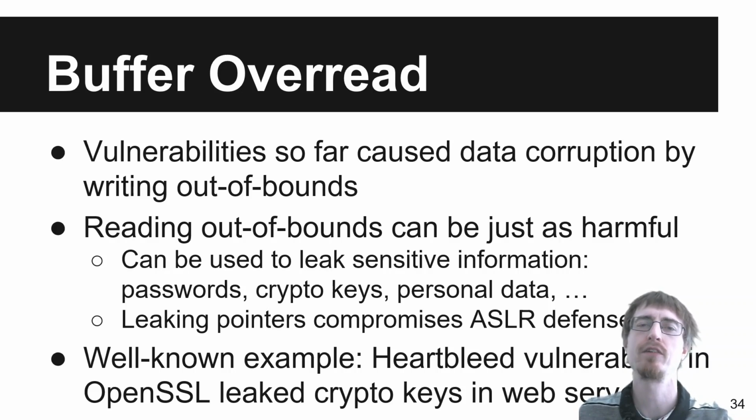Especially the Heartbleed vulnerability is a very well-known case of a buffer overread causing serious damage, because it allowed an attacker to read crypto keys from web servers in the OpenSSL library, which means that many web servers were vulnerable for a long time, and we simply do not even know what was leaked. Many passwords of users may have been leaked because the crypto keys were exposed, and we will never even find out.